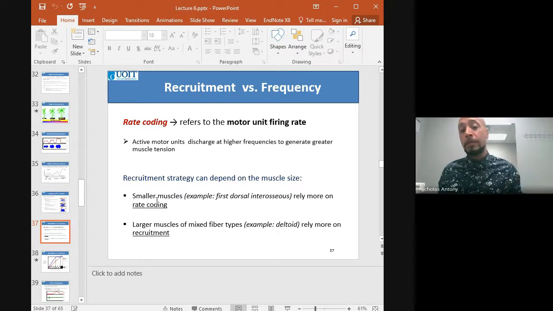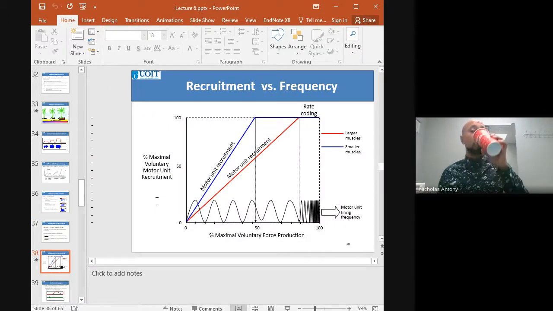Why would smaller muscles need to rely more on rate coding than motor recruitment to generate more force? Yeah, it's the number of motor units.